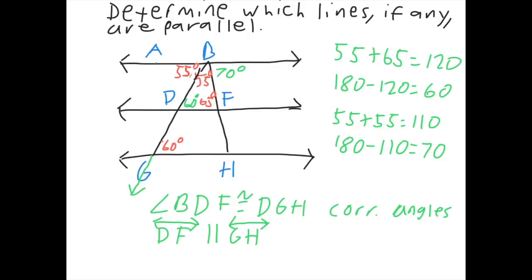So these two are alternate interior angles. If these two lines were parallel, then these should be congruent. However, this angle is 65 and this is 70. So that means they're not congruent, so these two lines are not parallel. So AB and DF are not parallel to each other.